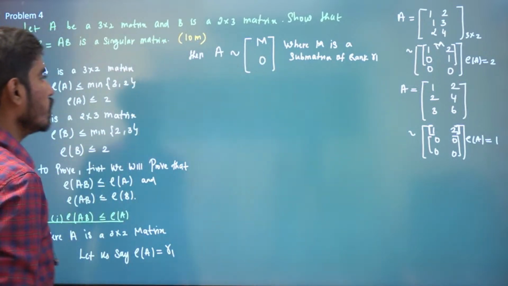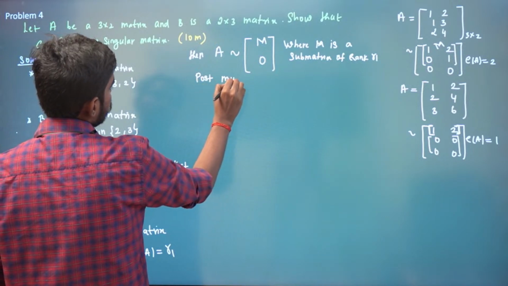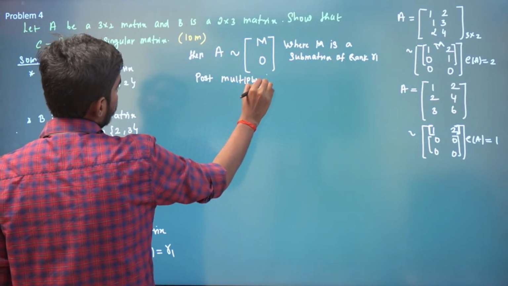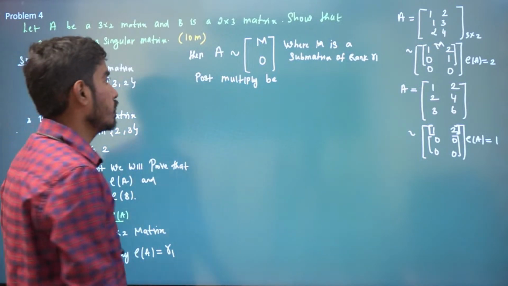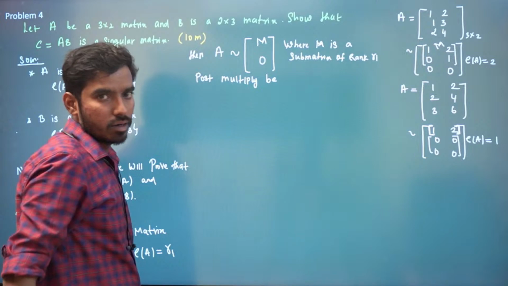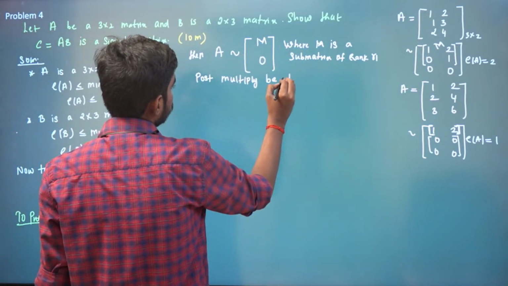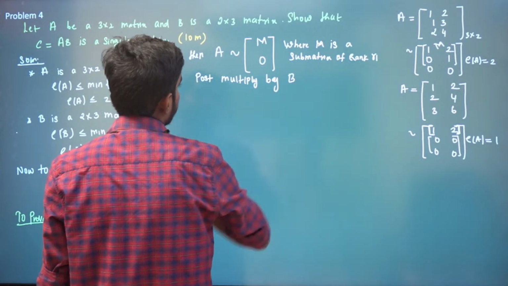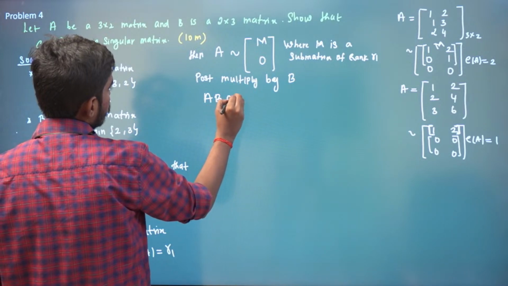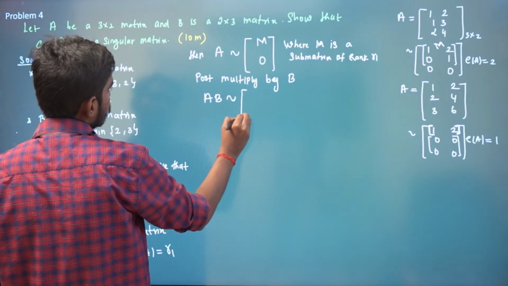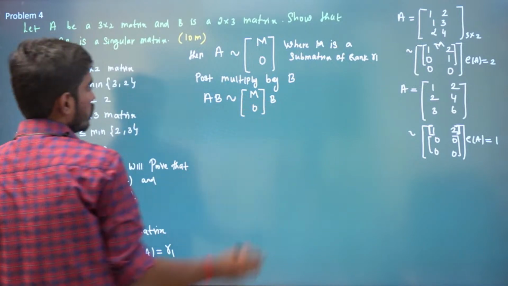Okay. Now, post multiply. See, the rank of A is R1 and the rank of M is also R1. Yes or no? From this example. Let us post multiply by B, right? Now, what does this become? This will become AB equals some M comma 0 times B, right?